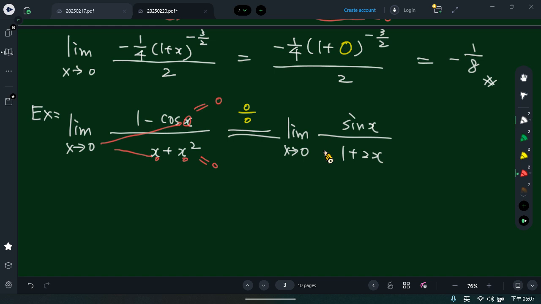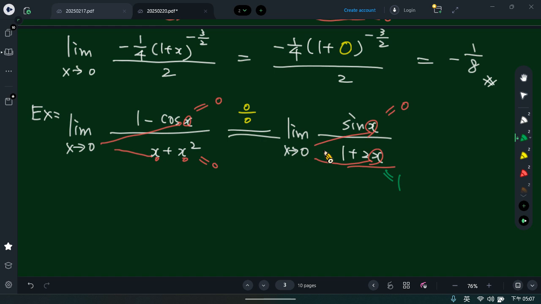Then you can just use 0 to replace x. So you can see here is still 0. But here it will become 1. So please notice that this is 1. This is non-zero. So you need to stop here.